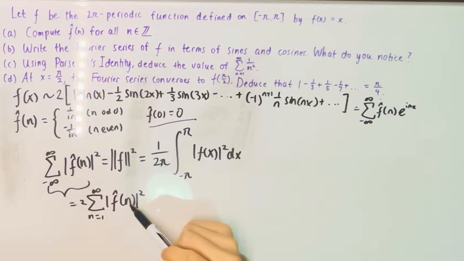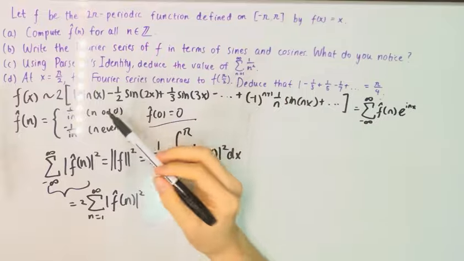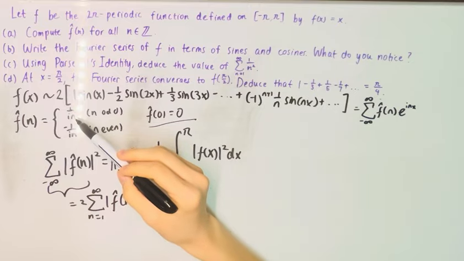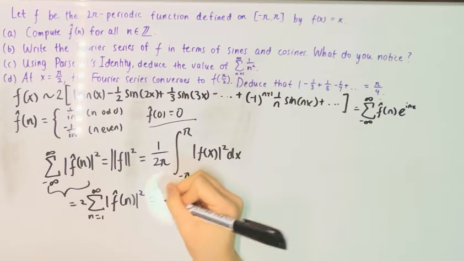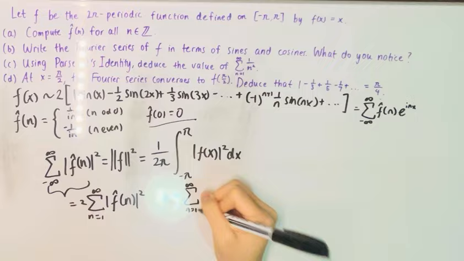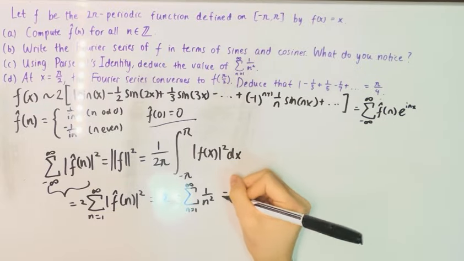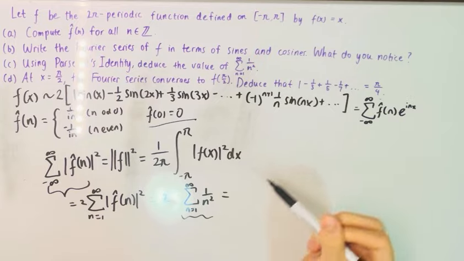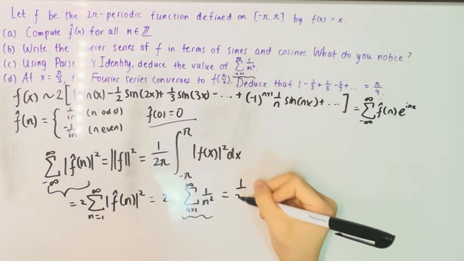Since we're taking the length, we're just multiplying this by its complex conjugate, which gives us 1 over in times 1 over negative in, which is 1 over n squared, which is what we want. So this is equal to, oh, I meant 2 times the sum of 1 over n squared. And now we see what we want, which is pretty cool. Okay, so all we have to do now is calculate.